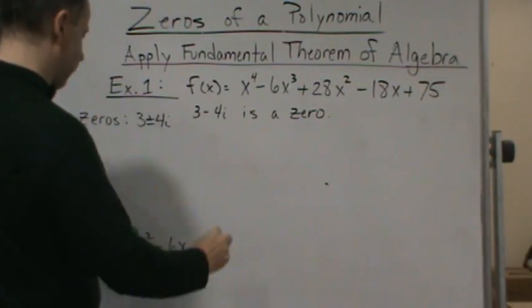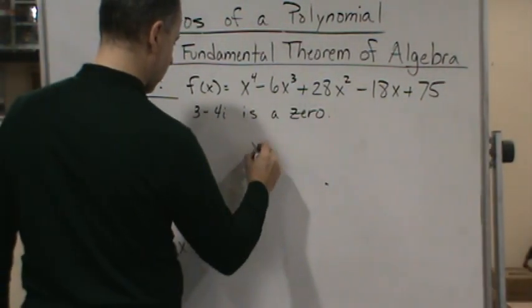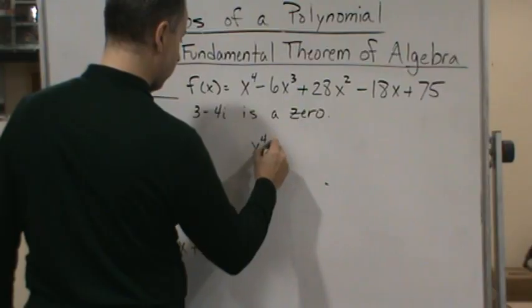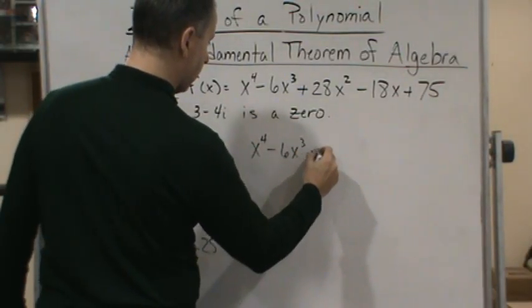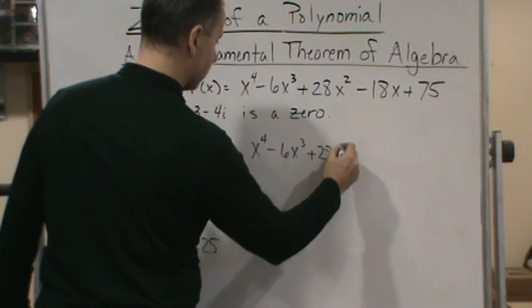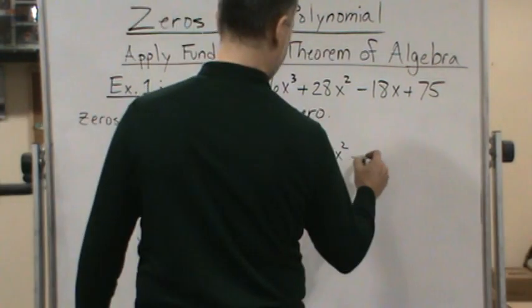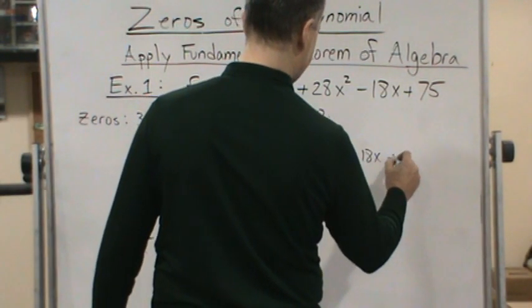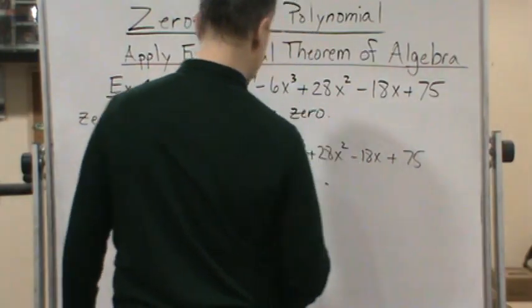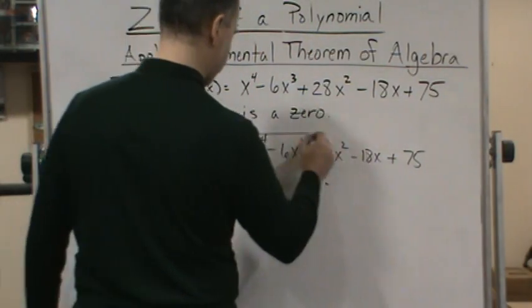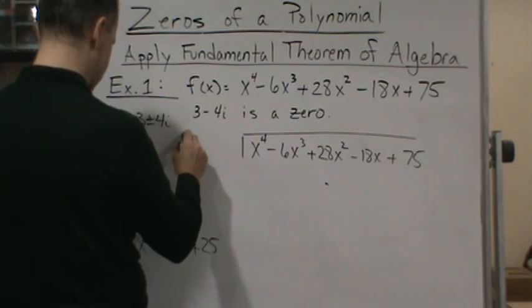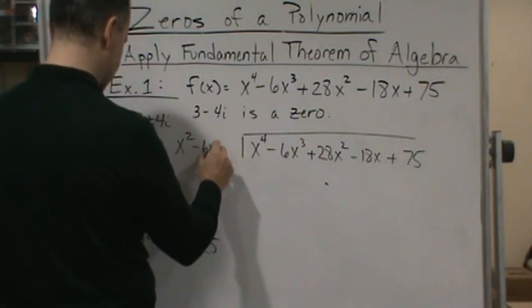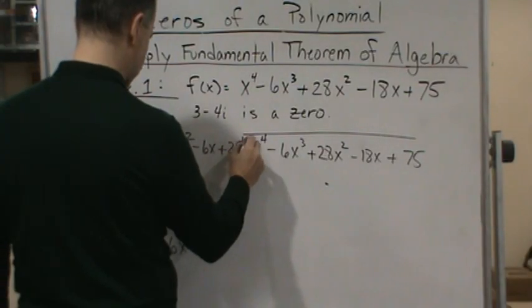And so now I'm going to take x to the 4th minus 6x cubed plus 28x squared minus 18x plus 75. Okay, and I'm going to divide that by x squared minus 6x plus 25.